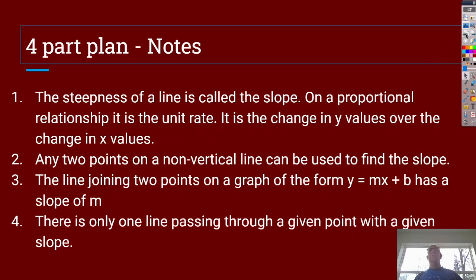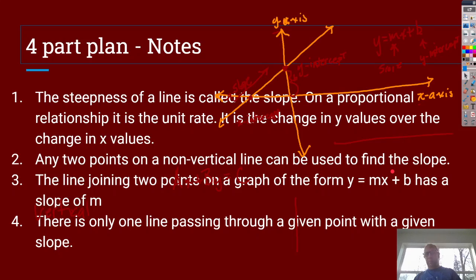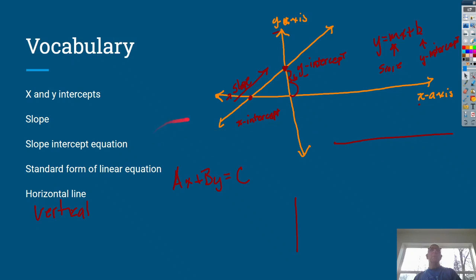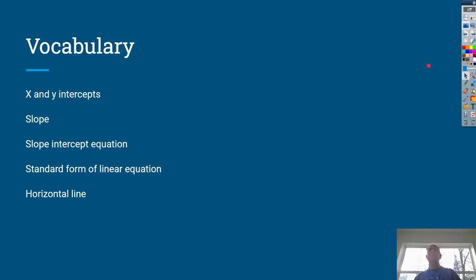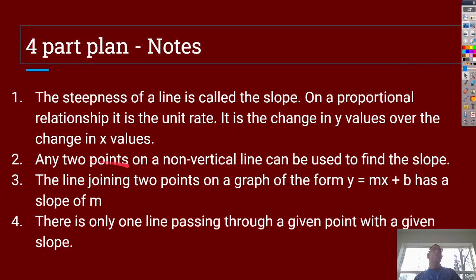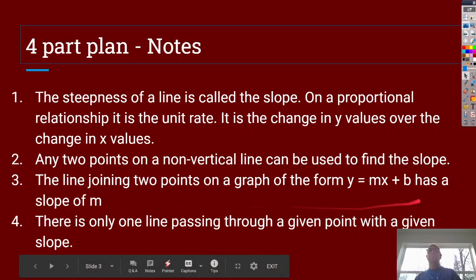So how fast does it go up over how fast does it go over is all we're talking about. 2 points on a non-vertical line can be used to find the slope, any 2 points. And the line joining 2 points in a graph of the form y equals mx plus b has a slope of m and an intercept of b, in case you forgot.